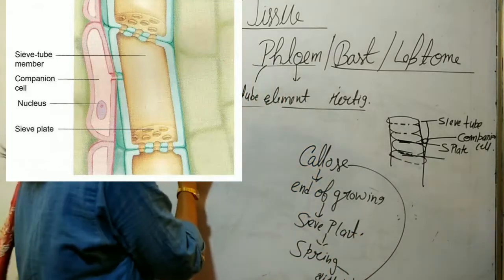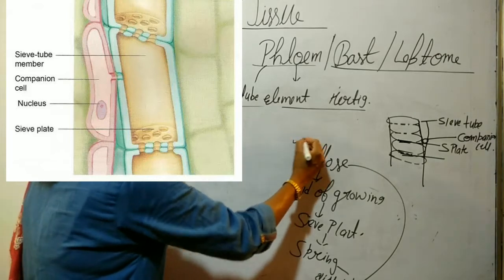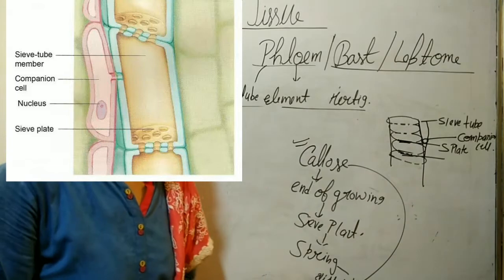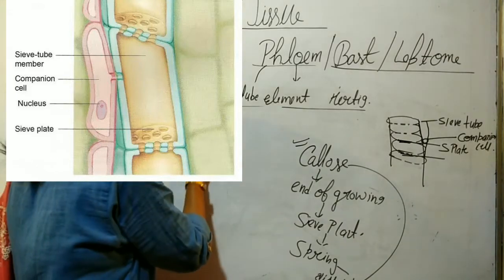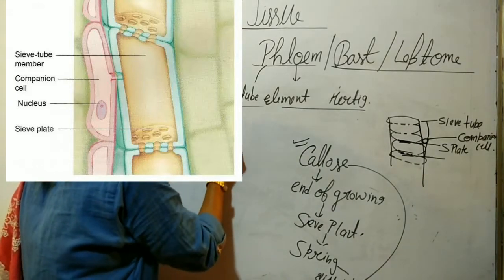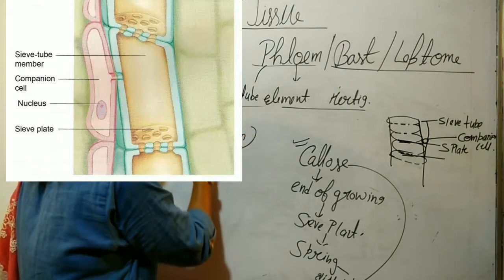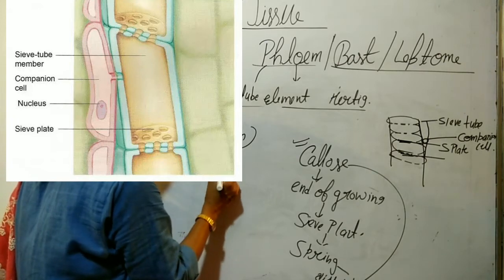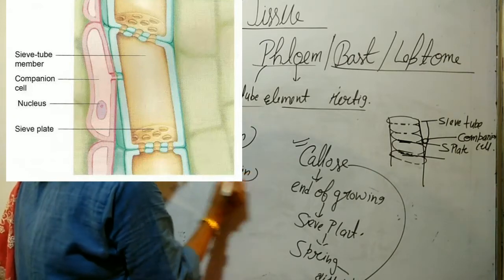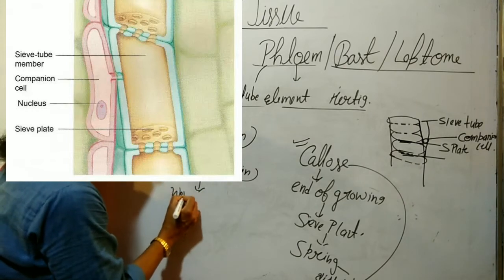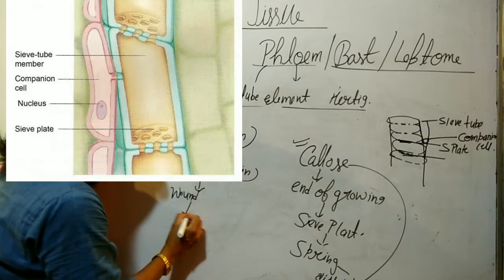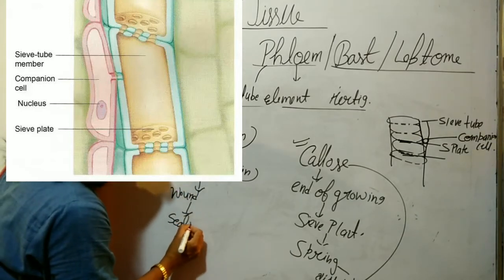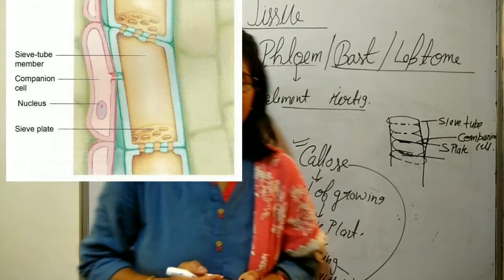Another very important thing about the sieve tube element is that in the whole sieve tube element you will find a particular protein known as P protein, or P referring to phloem protein. What is the main function of this phloem protein? At the time of any wound or injury in the plant tissue, this P protein helps in the sealing or quick healing of that injury.